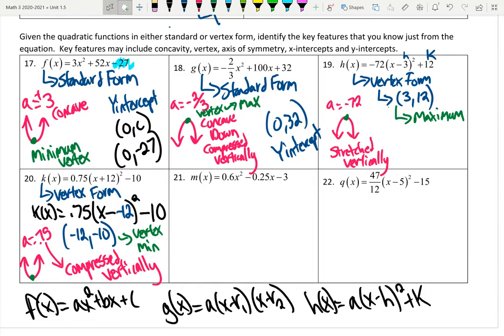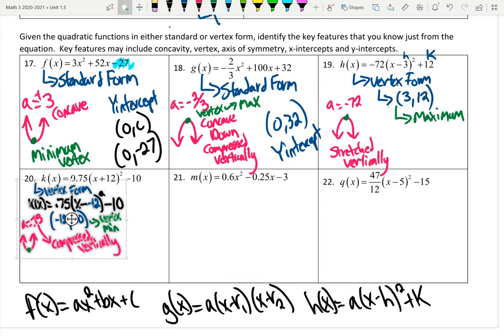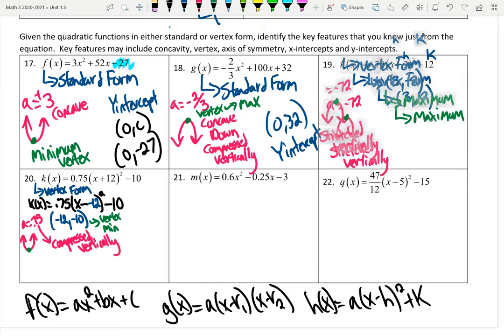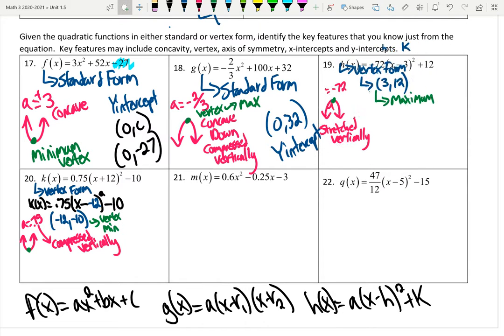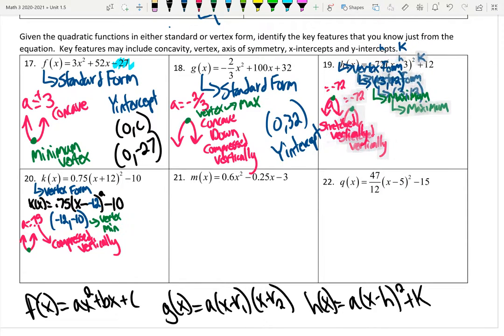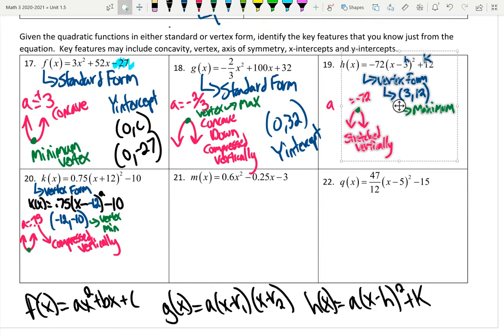The extension. I want you to make about 19 and 20. All right, so 19 and 20. Notice how we got the h, right?